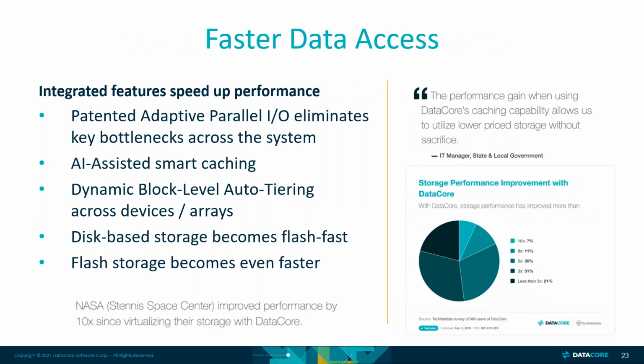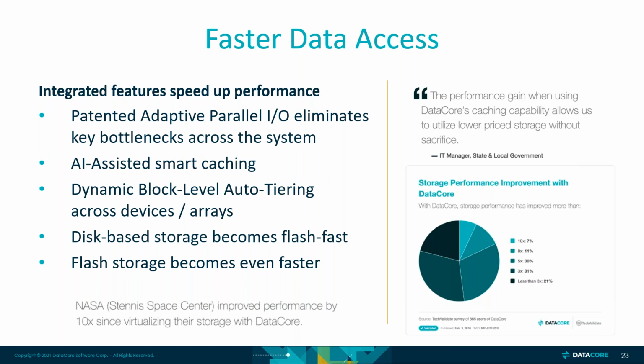On the performance side, if it was just for performance, that's rarely the one reason you buy things, but it's a companion to the business continuity. Usually those two together are the two linchpins that cause the choice to favor SANsymphony. We do have patented adaptive parallel I/O techniques that prevent some of the serialization that happens in other systems.